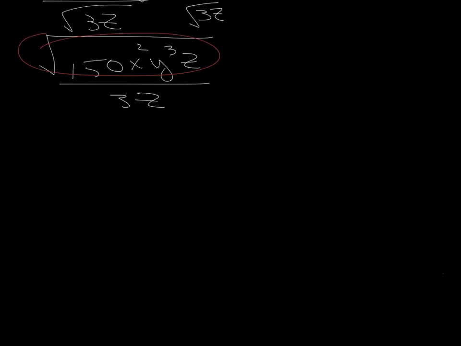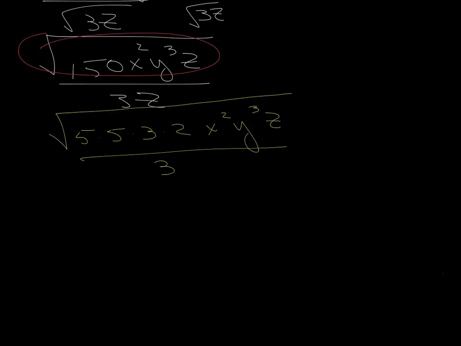I'm going to take my 150 and I'm going to write it as 5 times 5 times 3 times 2. So what is that? That's 150. x squared y cubed z over 3z. Alright, and then let's take our 5 and write it as 5 squared.